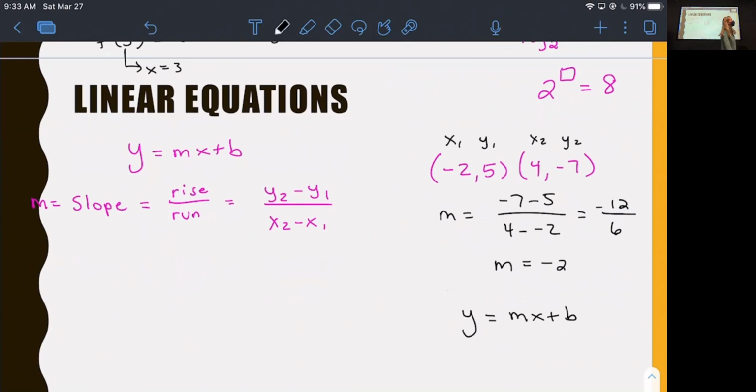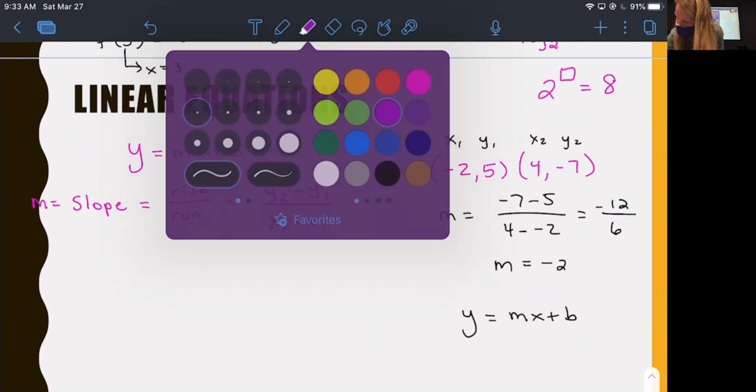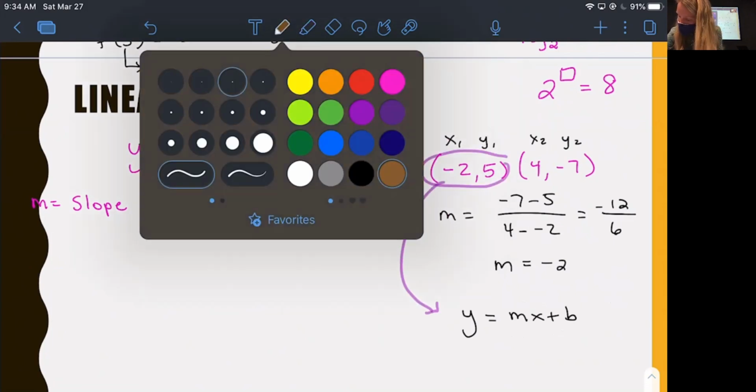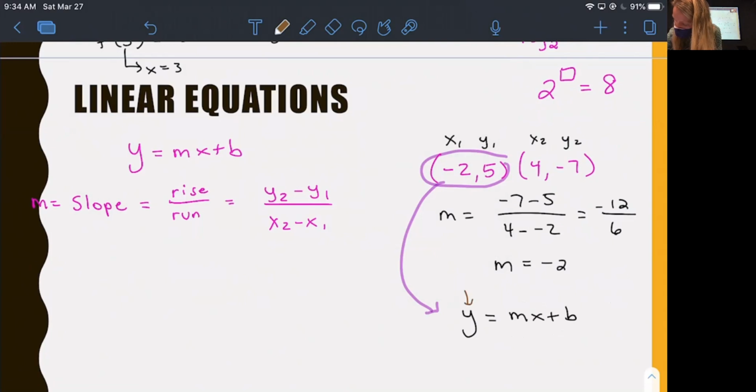I can pick either one. Do you want me to pick the -2, 5 or the 4, -7? -2, 5. All right, so let's pick him. And we're going to plug those in for the x and the y down here. So the y is going to become 5, and the x is going to become -2. What's the slope going to become?